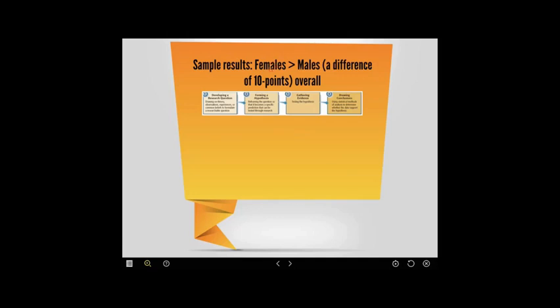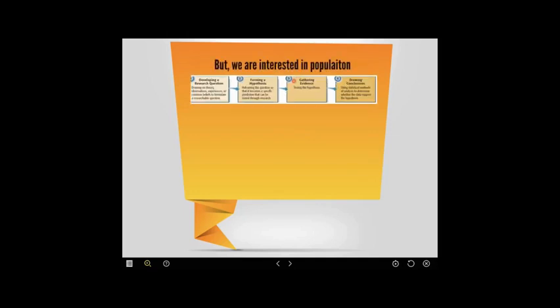The average score of females is more than males by 10 points overall. But keep in mind, this difference of 10 points is in the sample that is selected, and the question we have is about the population. So the fourth step is to draw conclusions about the population based on your sample values.